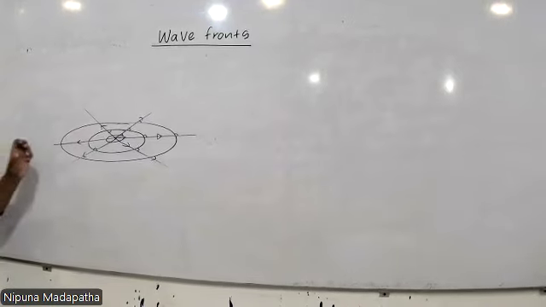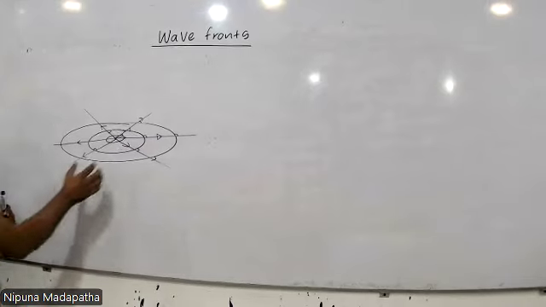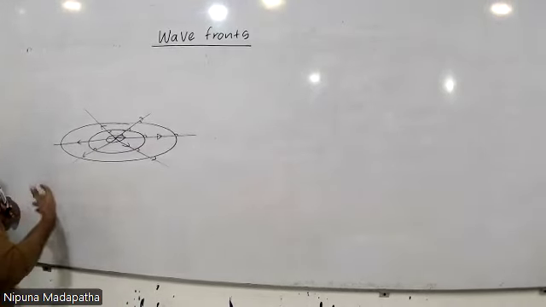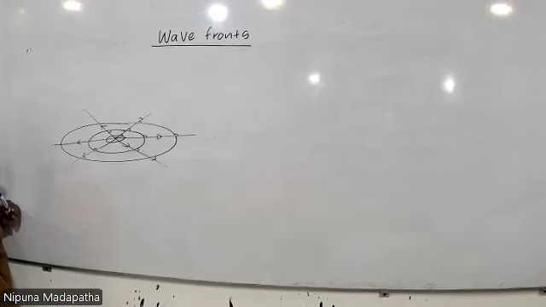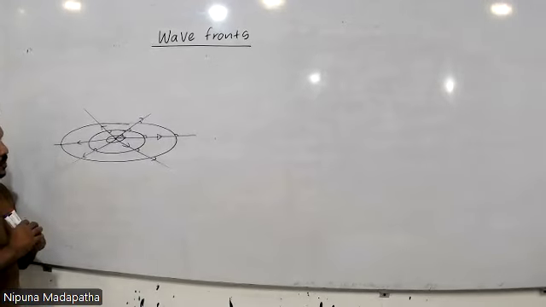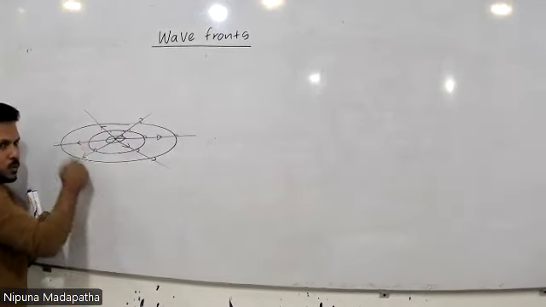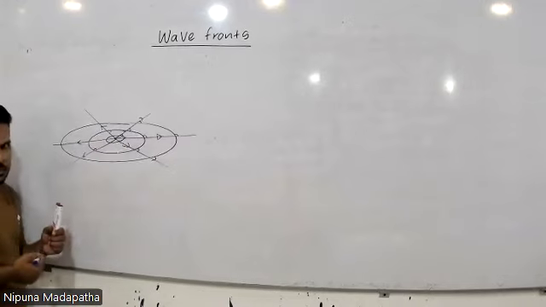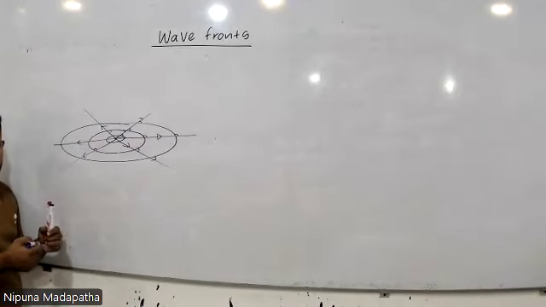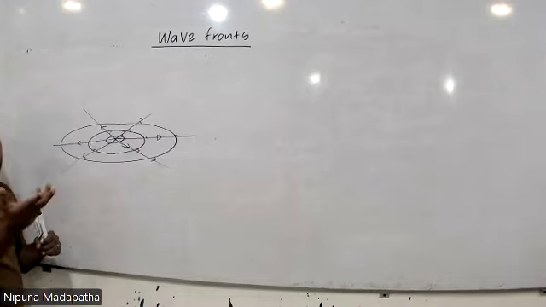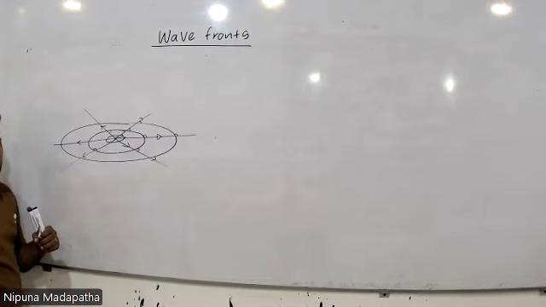So how do you pick certain wavefronts to demonstrate? What is the condition we consider? You can draw any number of wavefronts in between these two, but we draw only selected wavefronts, some chosen ones.